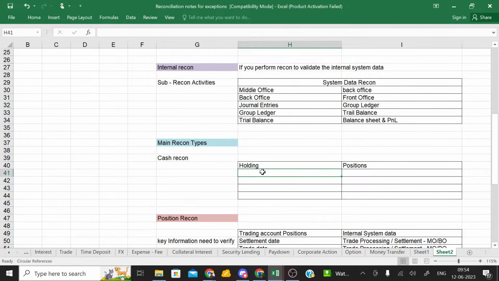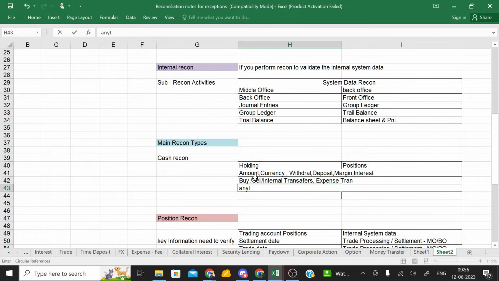Okay, so the important aspect is that you need to check the amount, currency, or any deposit, withdrawal, margin, interest, buy and sell transactions, internal transfers, then any expense transactions, or anything.